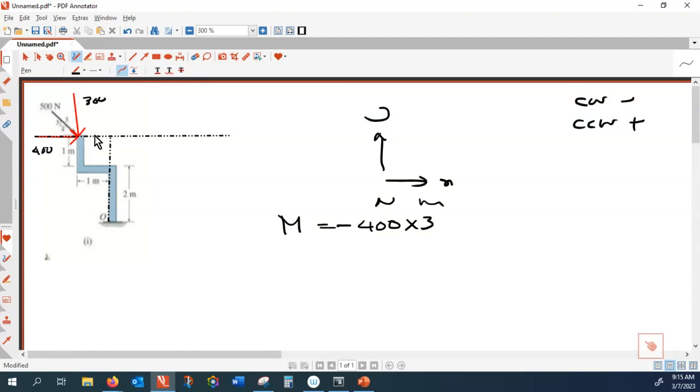What about the vertical one? Again, you draw a line of action. That's the line of action for 300, right? And then from the point of rotation, you draw a normal to that line of action. What is the distance? Who can tell me? 1 meter, right? And is this clockwise or counterclockwise?